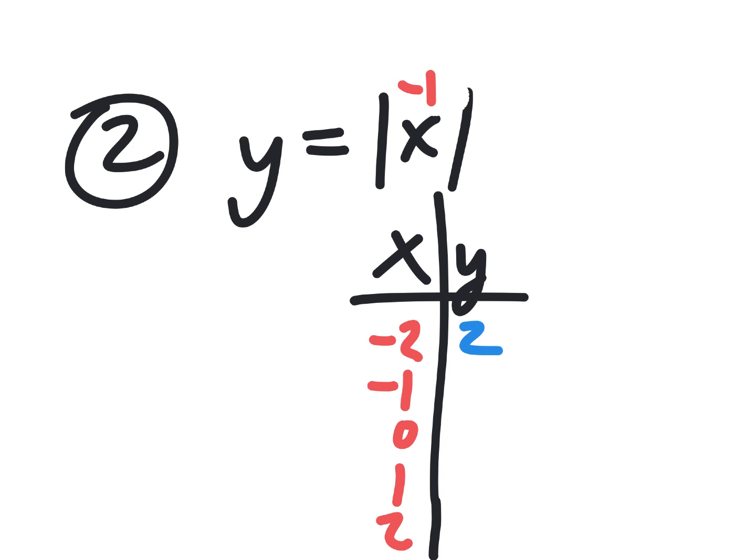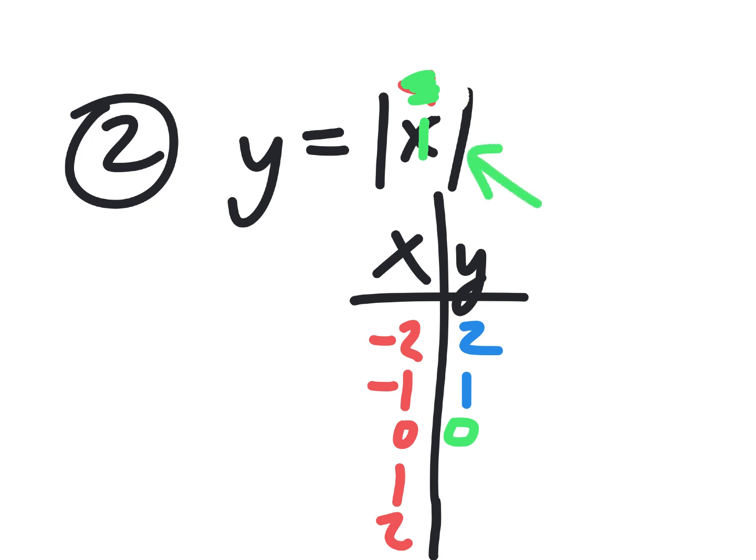Absolute value means, how far is that from 0? 1. Good. How far is 0 from 0? 0. When you put in 1, a 1 goes right here. Absolute value of 1. Some people get confused that absolute value is like a sign switcher. It is not. It's a distance from 0. That's what absolute value means.